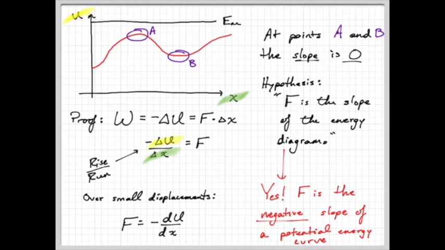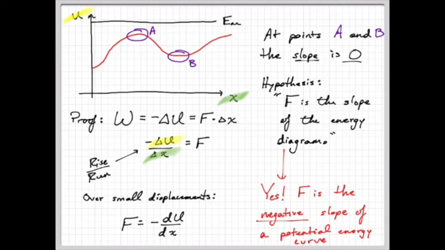Okay. All right, so connection there on the graph that force is actually the negative slope of an energy diagram, that force is actually the negative derivative of potential energy. An energy diagram shows the total mechanical energy, the potential energy, and the kinetic energy for any given position.